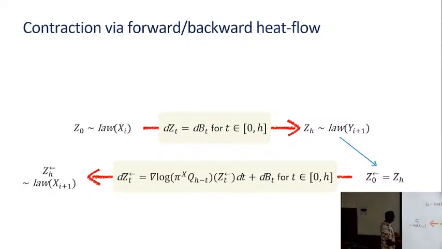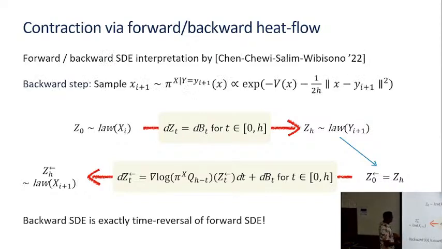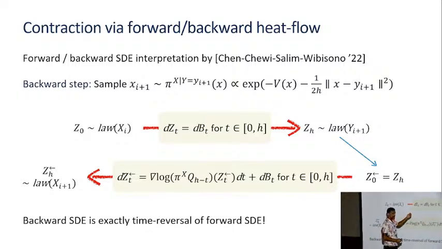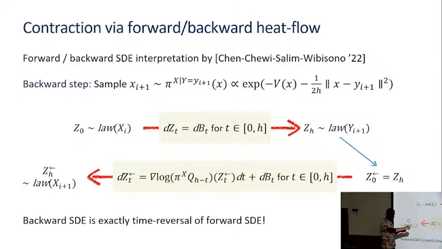But then the backward step, which is the interesting one, is exactly the time reversal of the forward step in terms of the differential equation. Going for time t in the backward step is like going time h minus t in the forward step. So it's exactly the time reversal, and you can also write down a differential equation for that.